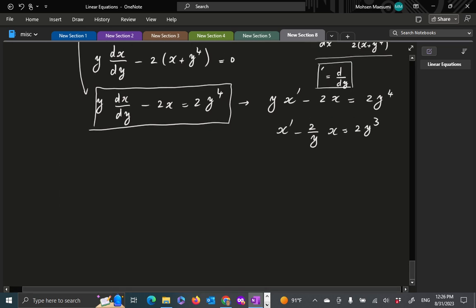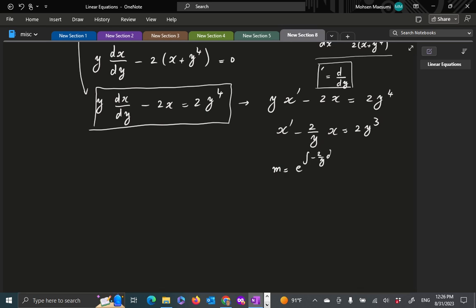Then calculate my integrating factor, exponential of the integral of minus 2 over y dy. That is exponential of minus 2 logarithm of y. Similar to what we did before, this is exponential of logarithm of y to the power of minus 2. Exponential of logarithm is just your function. Y to the power of minus 2 is just 1 over y squared.